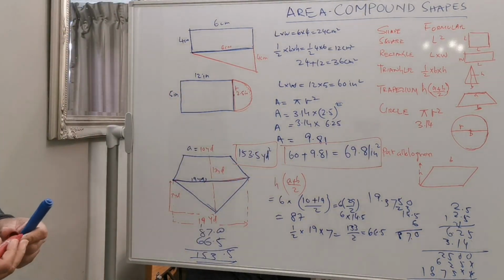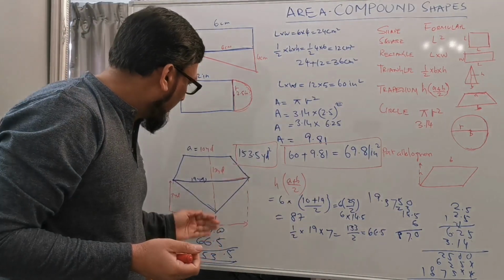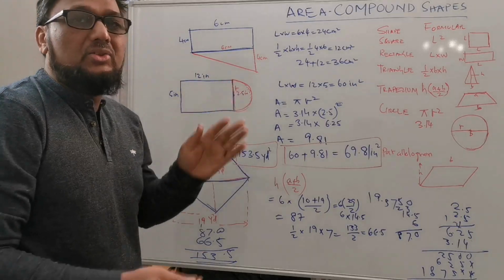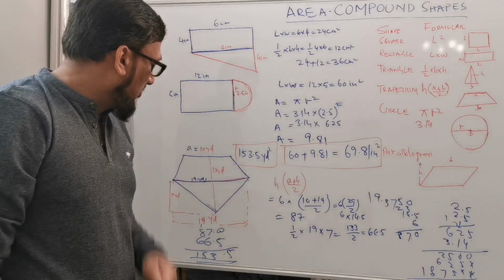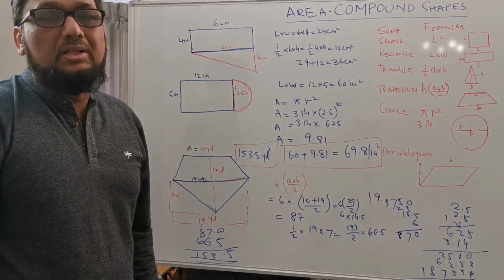So what you do, simply you need to work out the area for the trapezium, and then you find the area for the triangle, then you add them together to get the final area for this compound shape.